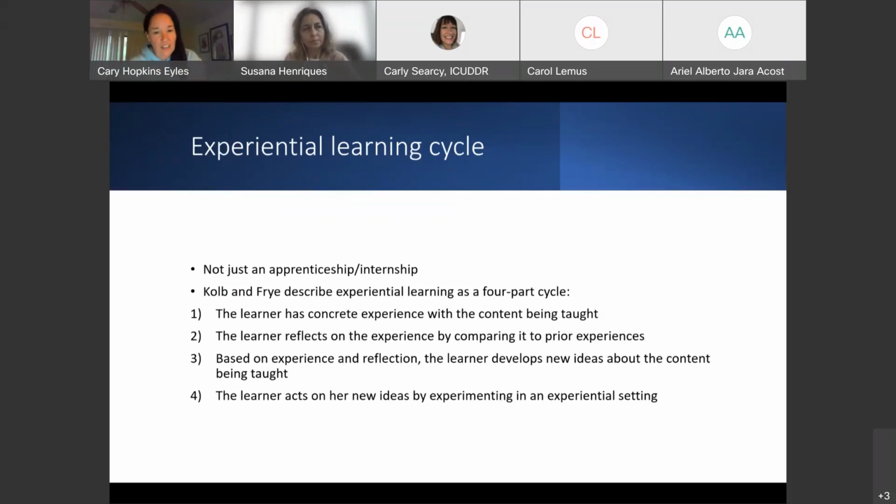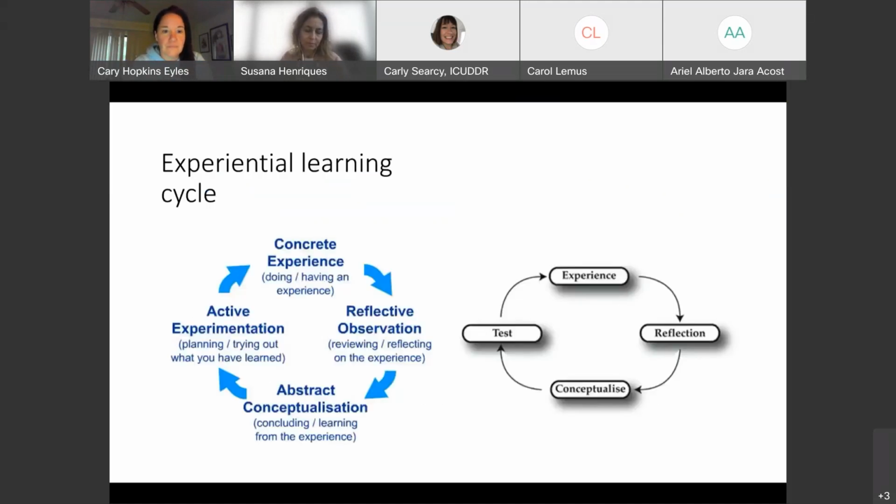And then the learner acts on the new ideas by experimenting in an experiential setting. So you can see how it goes in a circle, right? You experience, you reflect, you conceptualize, you test, and it keeps going, because we never stop having experiences.